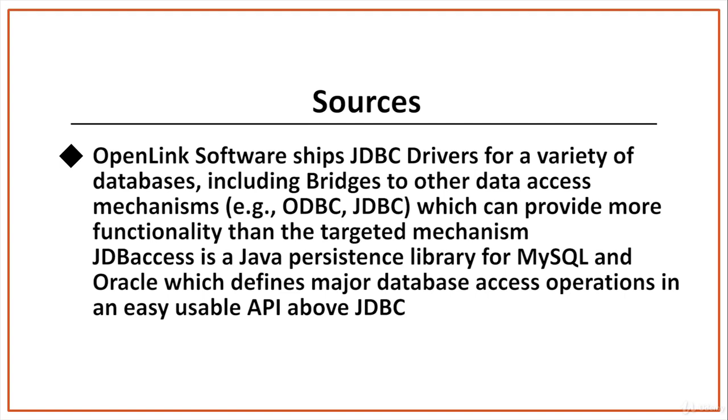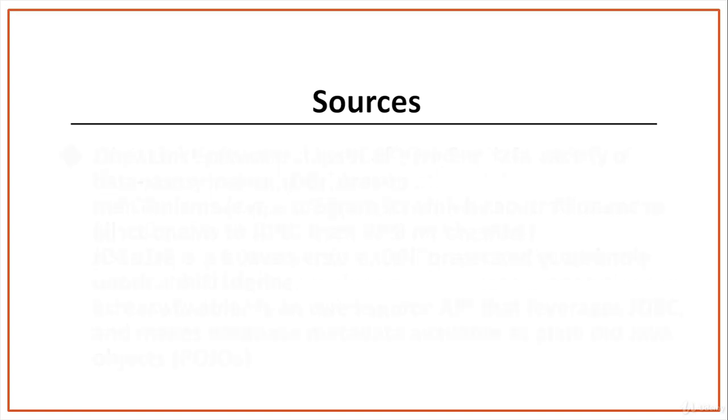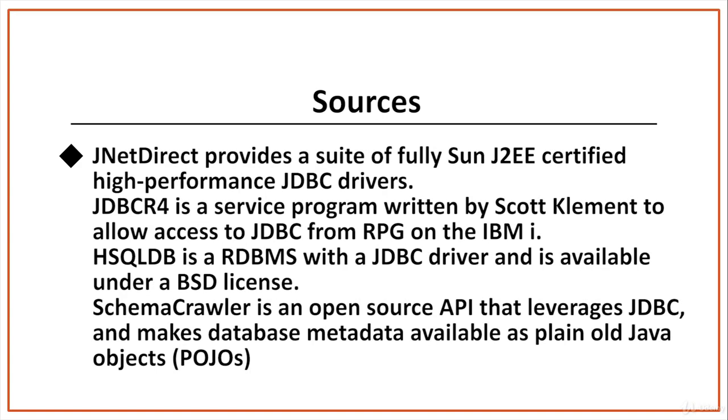JDB Access is a Java persistence library for MySQL and Oracle, which defines major database access operations in an easy, usable API above JDBC. JNet Direct provides a suite of fully Sun J2EE certified high-performance JDBC drivers.